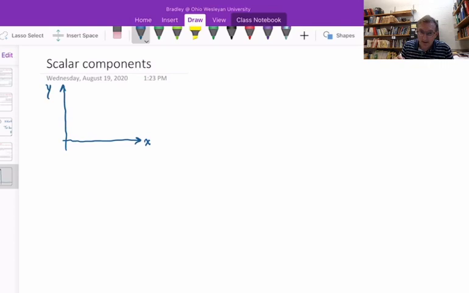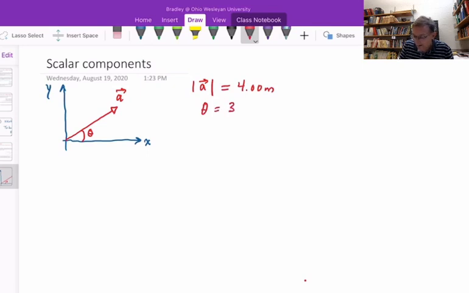Now let me draw the vector A. I'll draw it in red. It's drawn coming up from the origin. It's got a certain magnitude and a certain direction. We know the magnitude. Notice how I denote it. A arrow absolute value is 4 meters. And the angle theta, notice it's measured counterclockwise from plus x, so it's a positive angle, is 30 degrees. I want to sketch on this diagram the two components, a sub x and a sub y, and then calculate their numerical value.